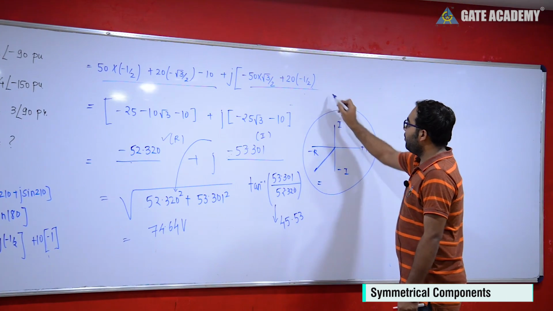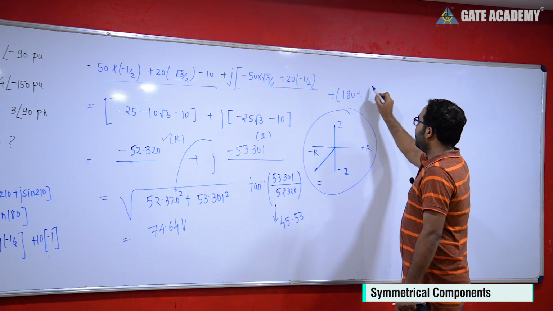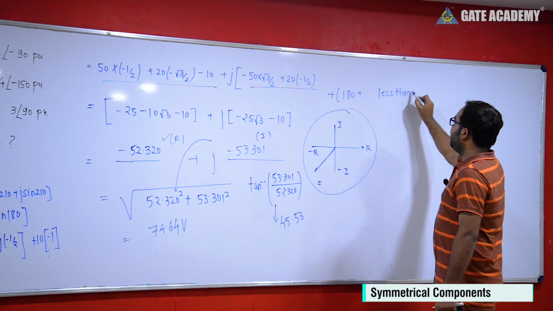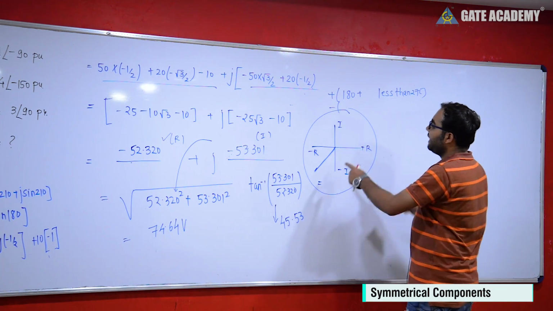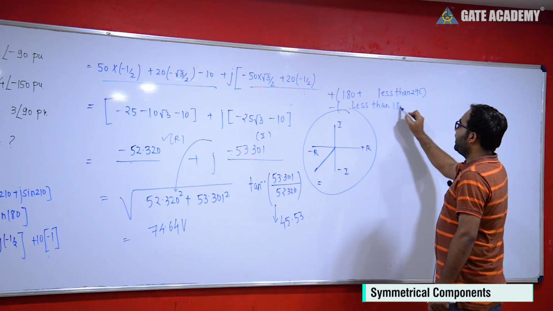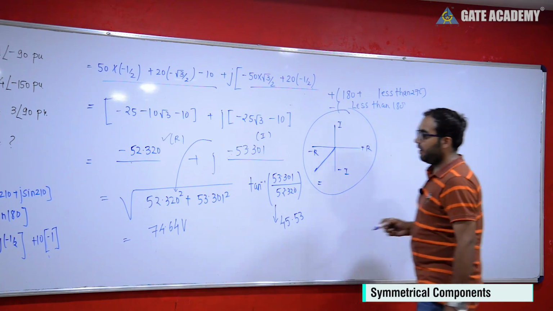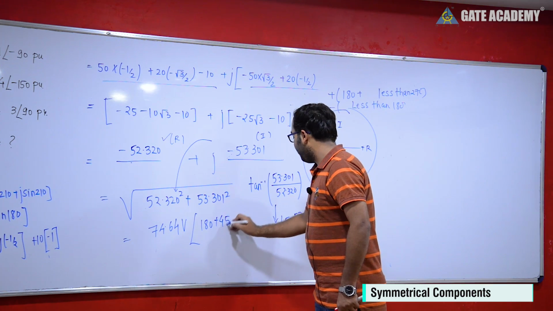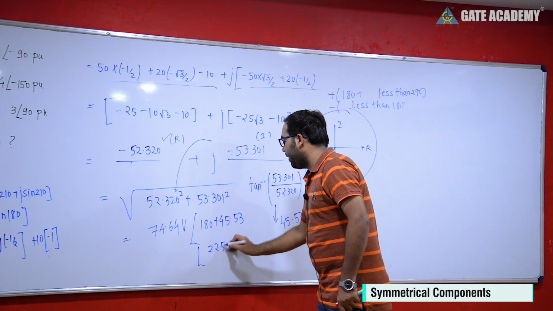So the angle, if you want to write in terms of positive, should be 180 plus something, less than 270. But if you want to write in terms of negative, definitely the angle should be less than 180. If I take tan inverse this by this, I am getting 45.53. So definitely the angle will be 180 plus 45.53, so it should be equal to 225.53.